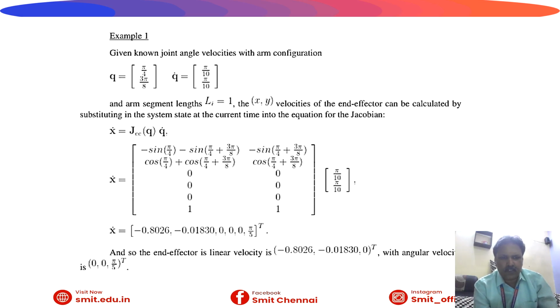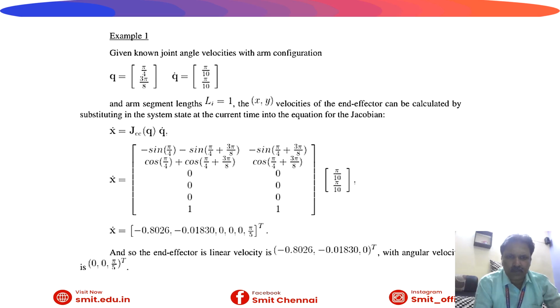Here we can see one example also. Given the known joint angle velocities for some arm configuration, some q and q dot, and the arm segment length li equal to 1, the x, y velocities of the end effector can be calculated by substituting the system state at the current time into the equation for the Jacobian.